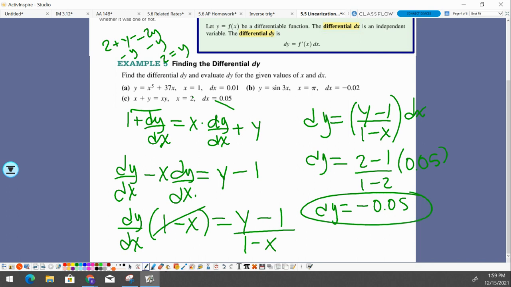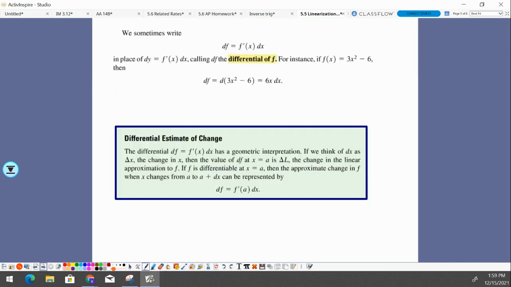And that's just good practice on implicit plus evaluating. And I don't think we really did much else on the other ones. So that is all we did. Just do the homework that applies to that particular lesson or those examples.